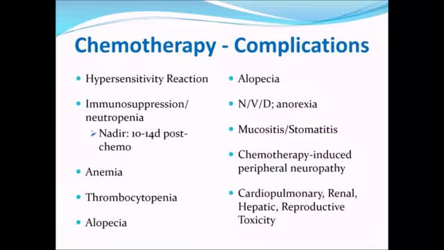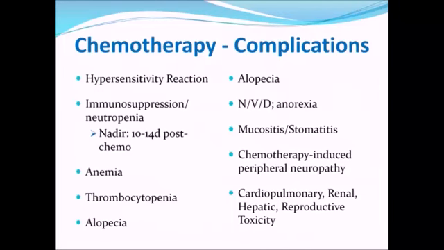So some complications of chemotherapy, and we will talk much more about this in class, but like with any medication, your patient may have a hypersensitivity or an anaphylactic reaction. Immunosuppression, we mentioned before. So this is going to knock down their white count, both their total white count and their neutrophil count.